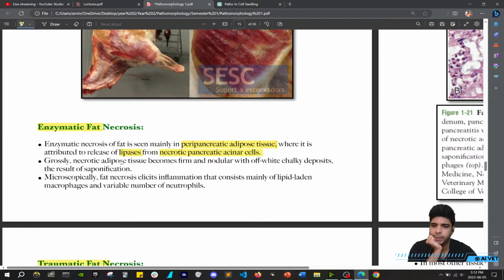Grossly, necrotic adipose tissue becomes firm and nodular, with off-white chalky deposits as a result of saponification.